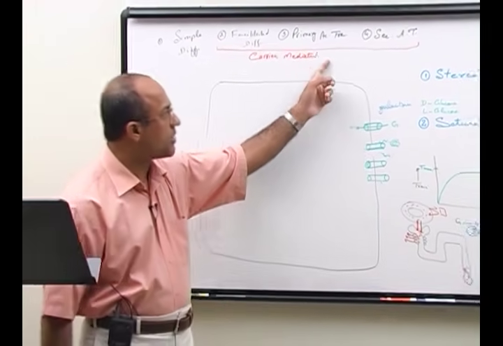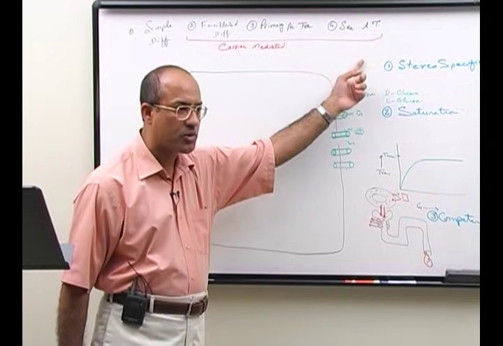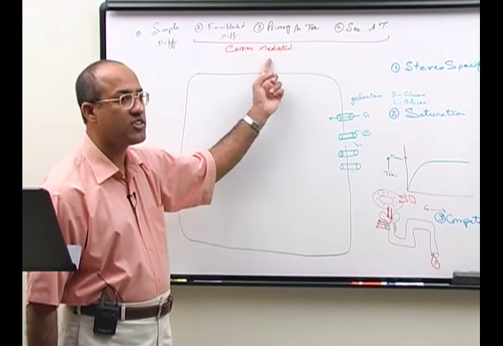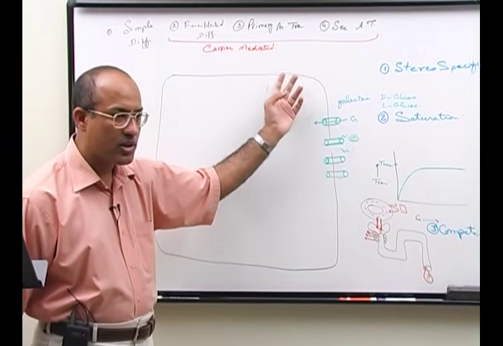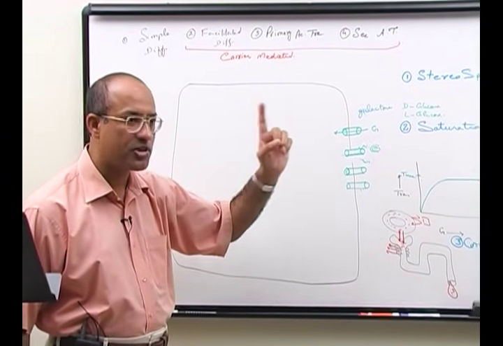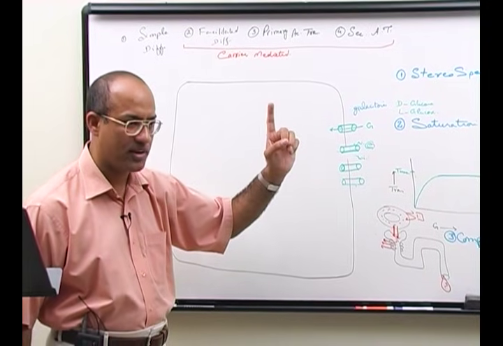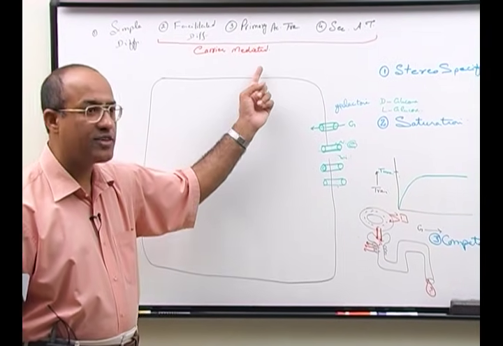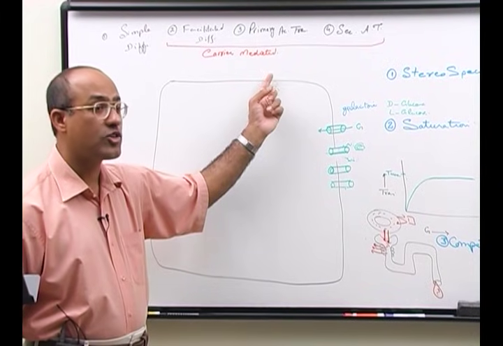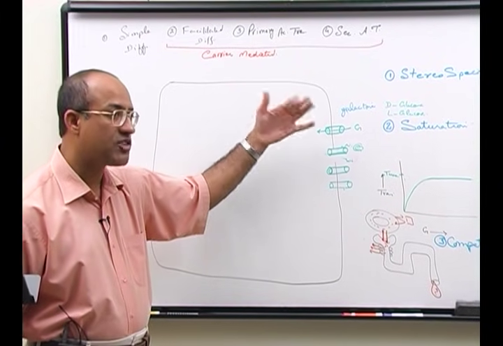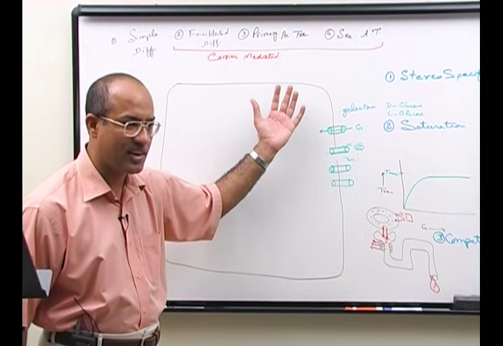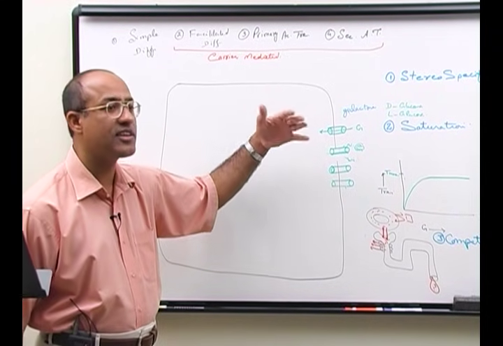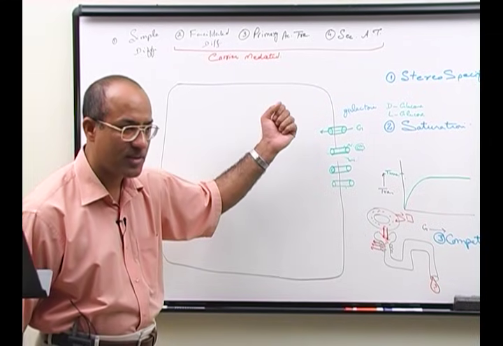Am I clear? Right? So again, let me repeat it: facilitated diffusion, primary active transport and secondary active transport are carrier protein mediated transport mechanisms. All these mechanisms are specific for a given substance to be transported, number one. Number two, as you keep on increasing the concentration of the substance to be transported, these mechanisms become fully saturated. Is that right? And then further increase in transportation is not seen.